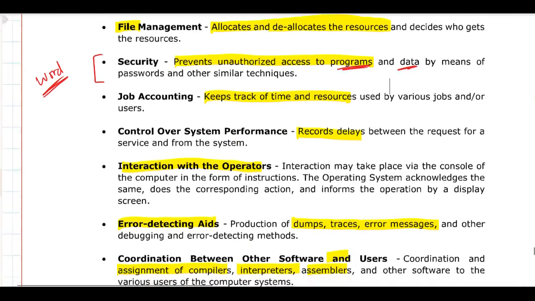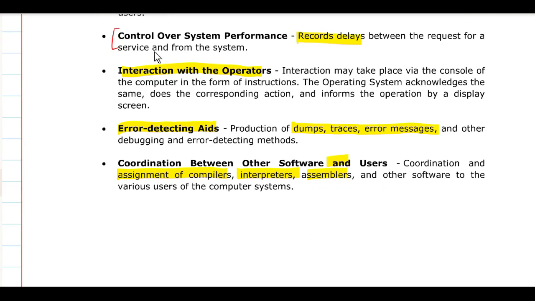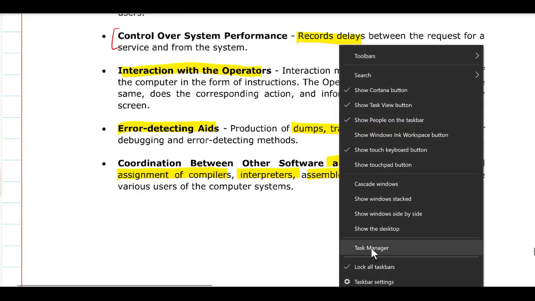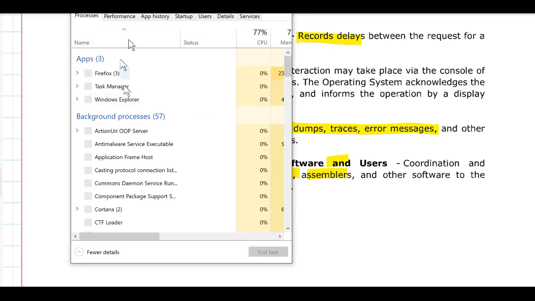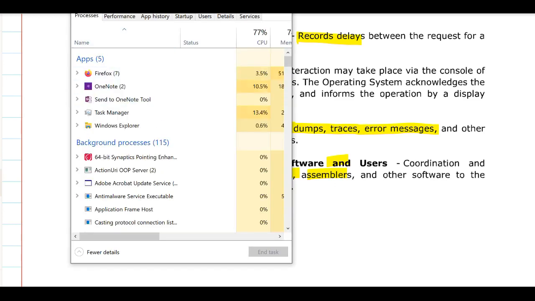The other characteristic of operating systems is that they provide control over system performance. Sometimes you might see someone going to Task Manager and seeing which application is using which resource, and you might be conversant with this idea of a task manager.